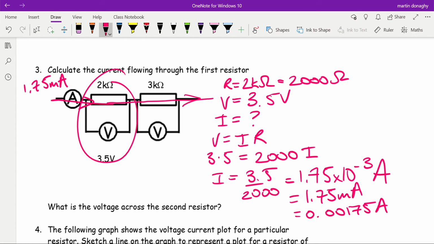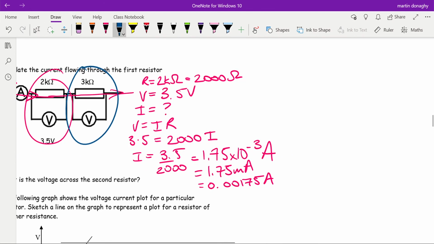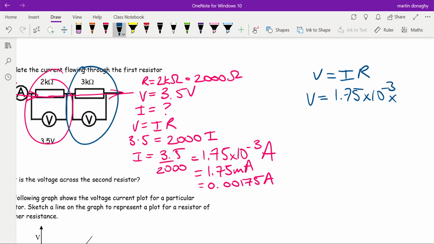Okay, so we can then look at this second resistor and do V equals IR for it. Okay, so V equals I, which is 1.75 by 10 to the minus 3, same as in the first one. The resistance of it is 3000. Put that into our calculator and we get that the voltage is 5.25 volts.